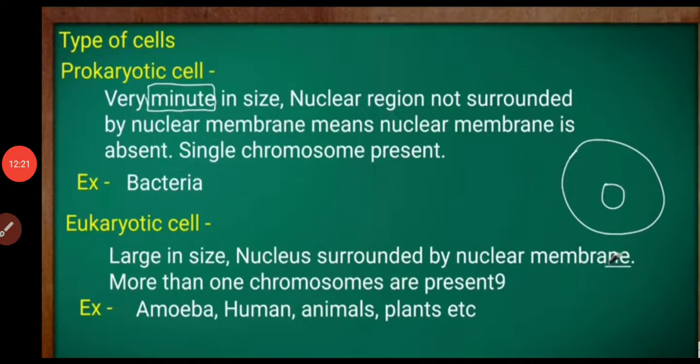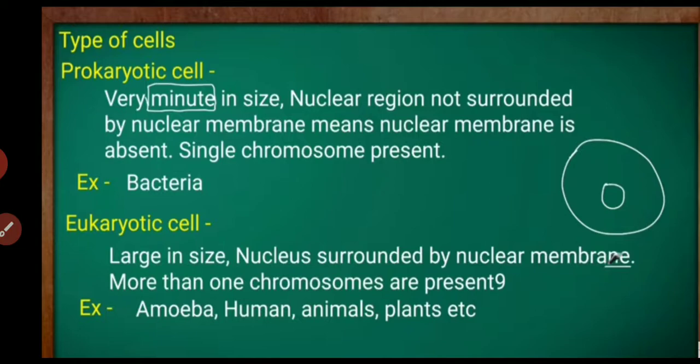Now see type of cells: prokaryotic cell and eukaryotic cell. Prokaryotic cell is not very advanced cell. It is primitive and incomplete cell. And eukaryotic cell is developed cell. Size of a prokaryotic cell is generally small, and size of a eukaryotic cell is generally large.